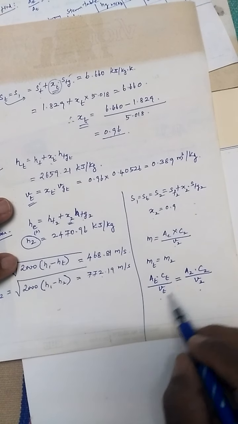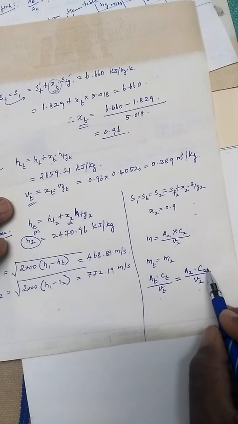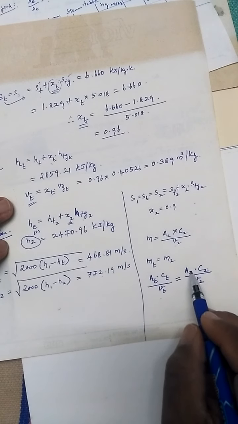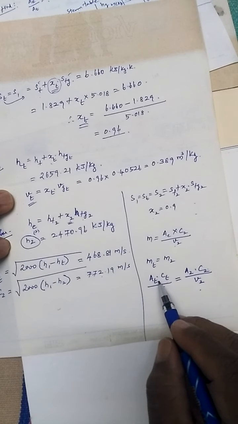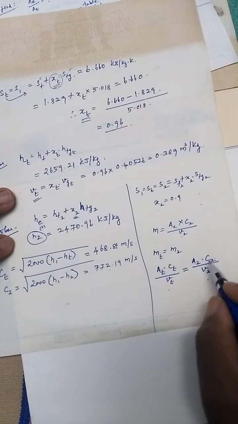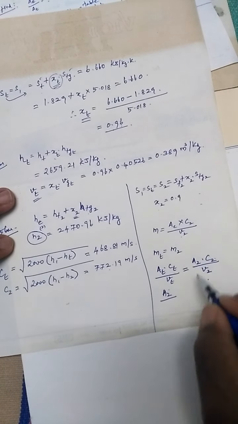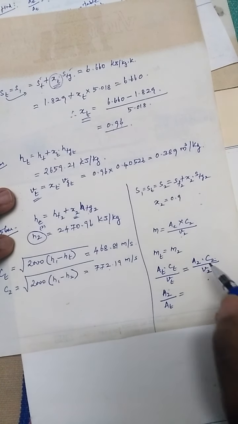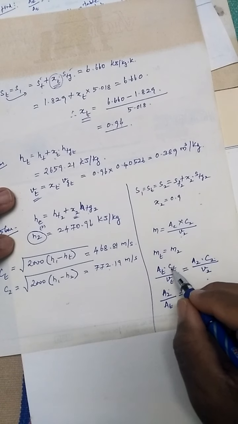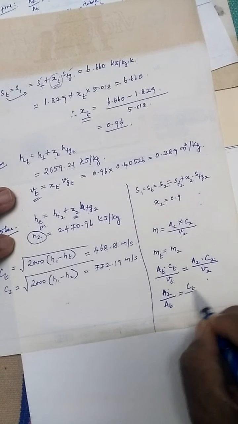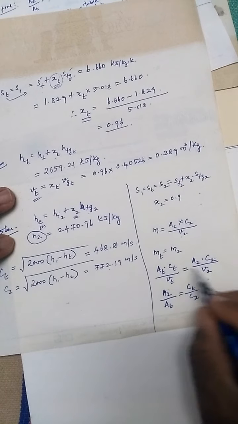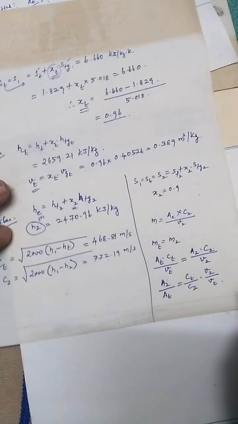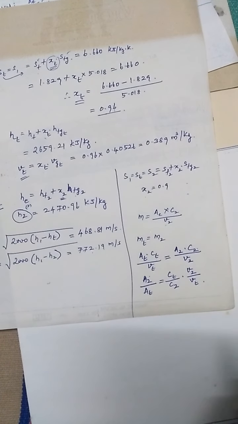So all these things we can calculate. CT we have already calculated, C2 is also calculated. Now we only want the exit to throat area ratio, so let us take A2 divided by AT. So A2 by AT equals CT divided by C2 into v2 by vT.